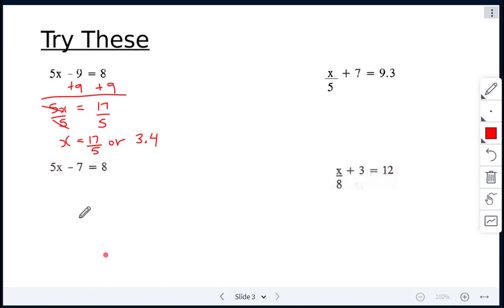All right, the second one, we're going to add 7 to both sides. That gives me 5x is equal to 15. And then we have to divide both sides by 5, which leaves me with x is equal to 3.